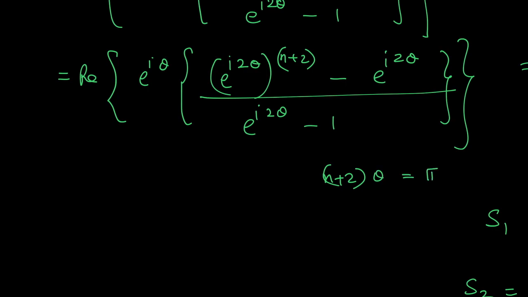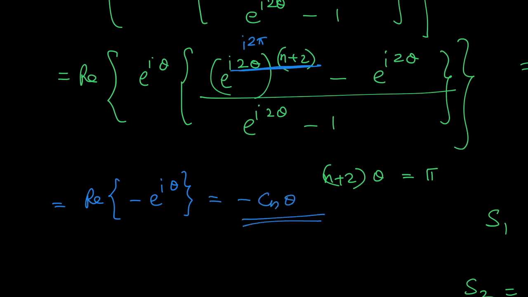So this expression is i 2 pi. So that is e raised to i 2 pi. e raised to i 2 pi is 1. So we have 1 minus e raised to i 2 theta by e raised to i 2 theta minus 1. So we have real part of minus e raised to i theta, which is minus cos theta. So we got it without using the formula, but you should be very thorough with the use of complex numbers.